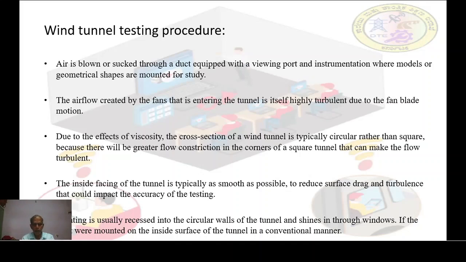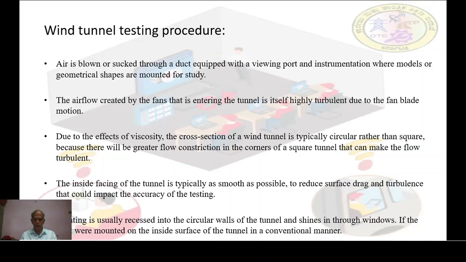Due to the effects of viscosity, the cross section of wind tunnel is circular rather than a square, because the air will have greater flow constriction in the corners of a square tunnel that make flow turbulent.